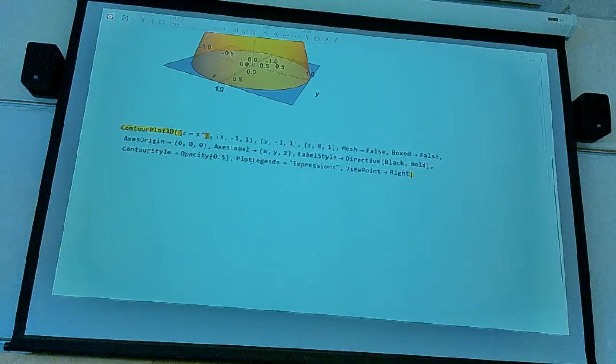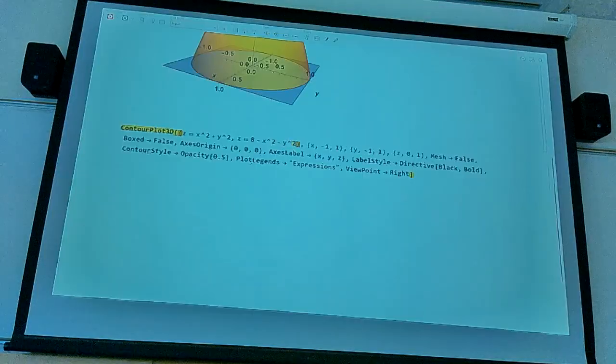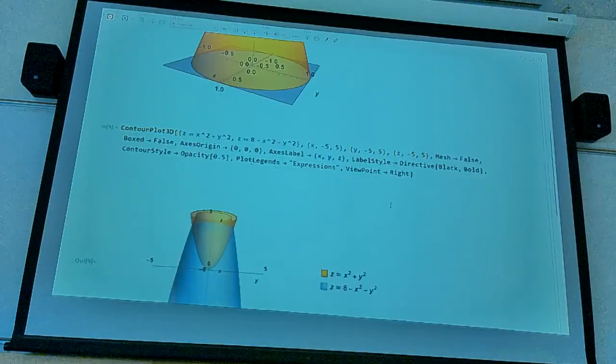First one was z equals x squared plus y squared. Second one was z equals 8 minus x squared minus y squared. Let's start minus 5 to 5 all the way around and see what that gives us. Not good.